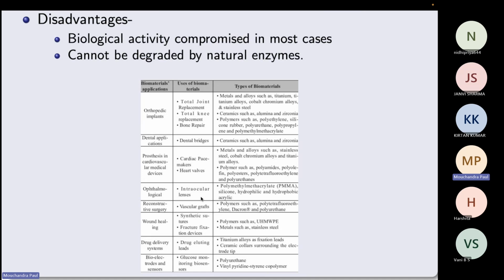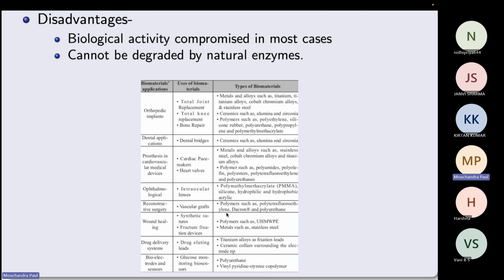If that lens gets damaged, it can be replaced, and those are artificially made using polymers like PMMA, then silicone, etc. Then vascular grafts: a small section of a blood vessel that is completely damaged, or where, due to atherosclerosis, some lipid molecules have clogged up your blood vessel.